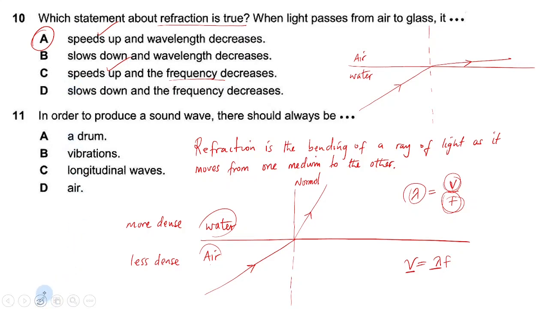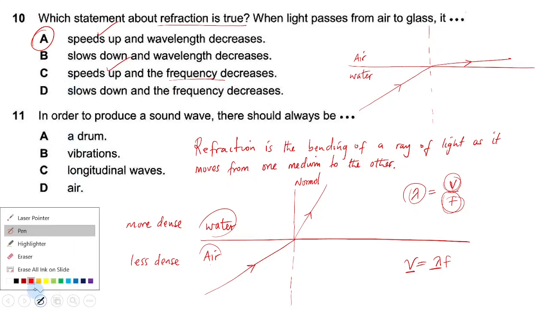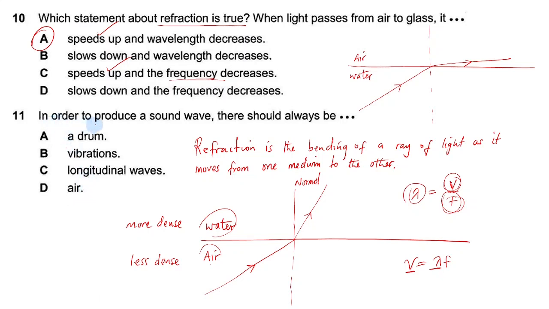So we come to the next one. They're saying in order to produce a sound wave, there should always be a vibration. Okay, so whenever there's sound, there must be vibration.